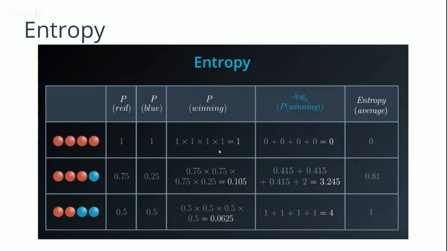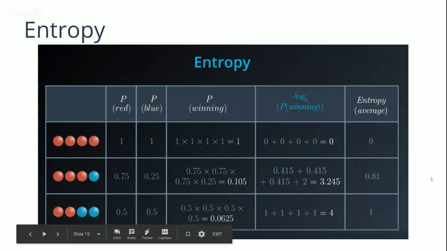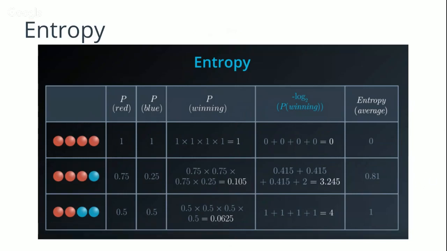Versus the bottom option here, where if we have 2 red balls and 2 blue balls, we want a higher entropy value to symbolize that if we reached our hand into that bucket and grabbed a ball, we are much less likely to know which ball we'll be grabbing out of the bucket.